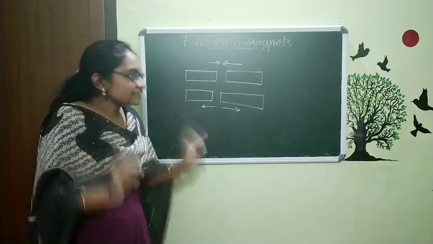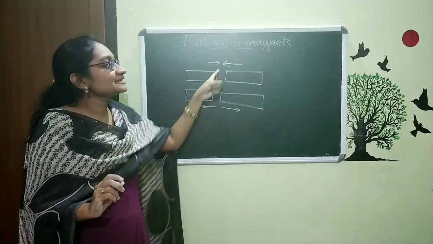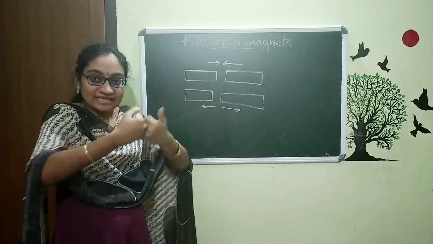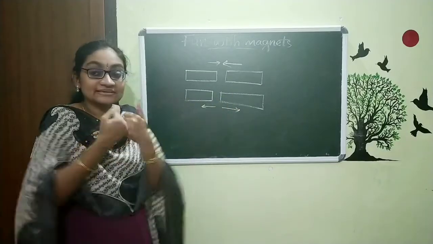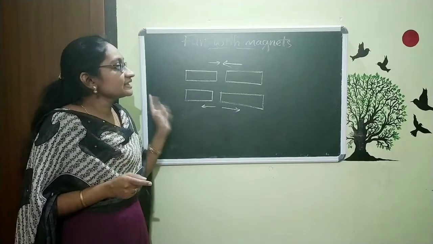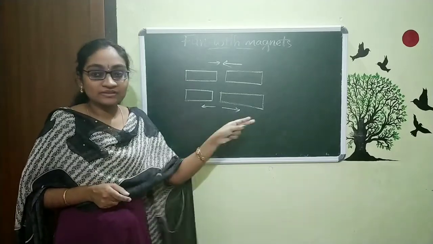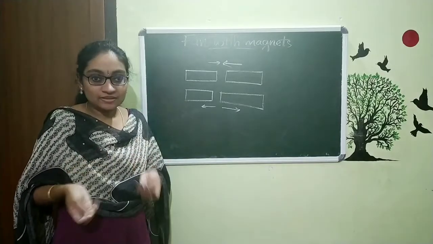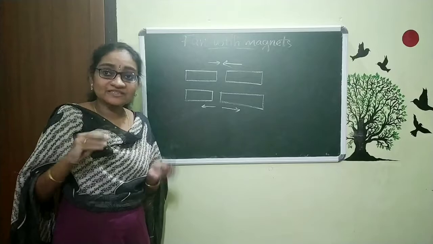So in some cases one magnet, two magnets, they are just getting attached, and in some cases they are just moving away. What is the reason? This actually depends upon the north and south pole of the magnet. So that means there are some properties of the magnet.